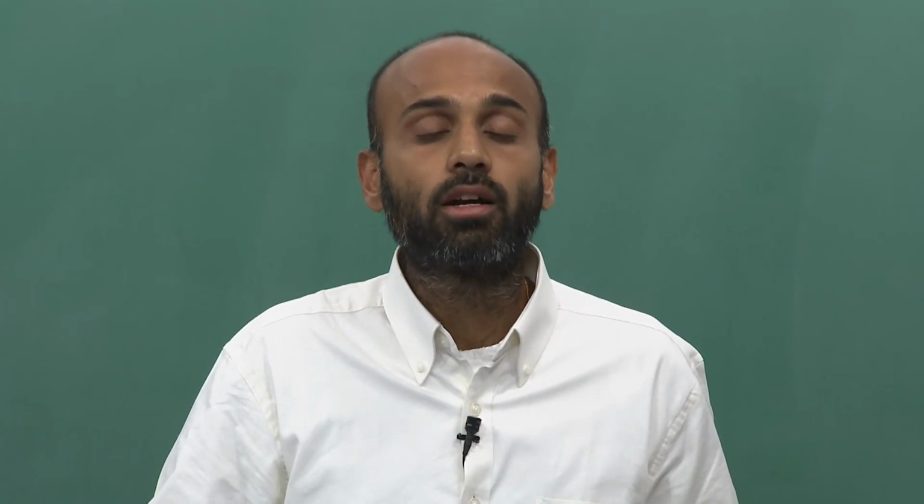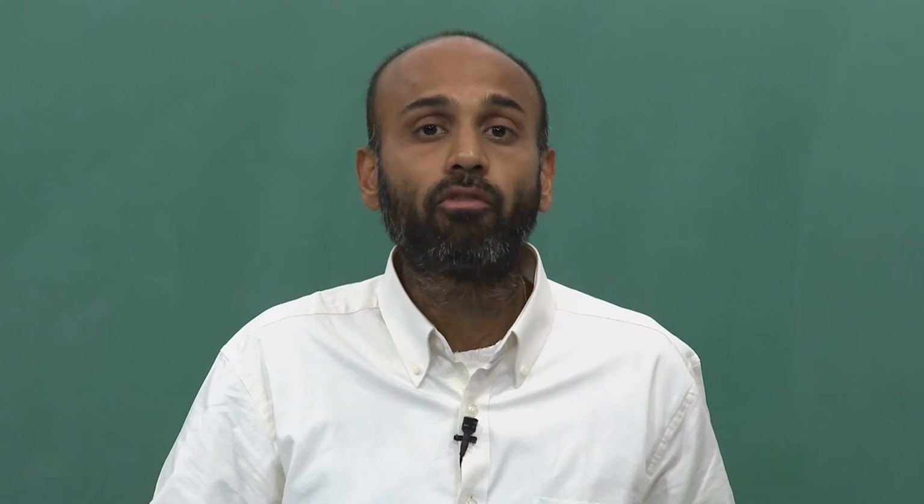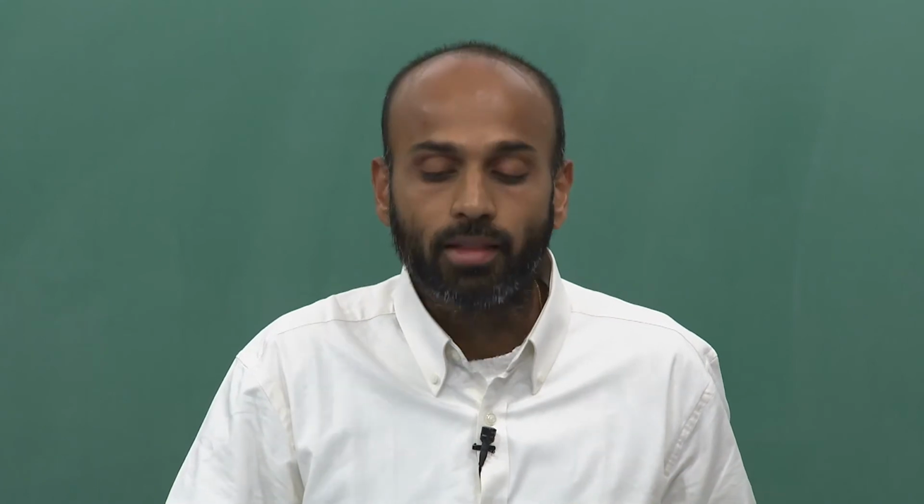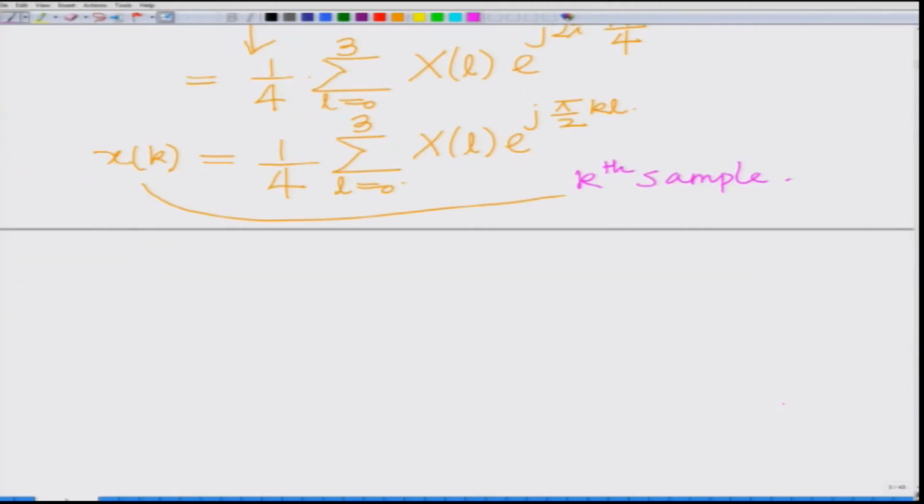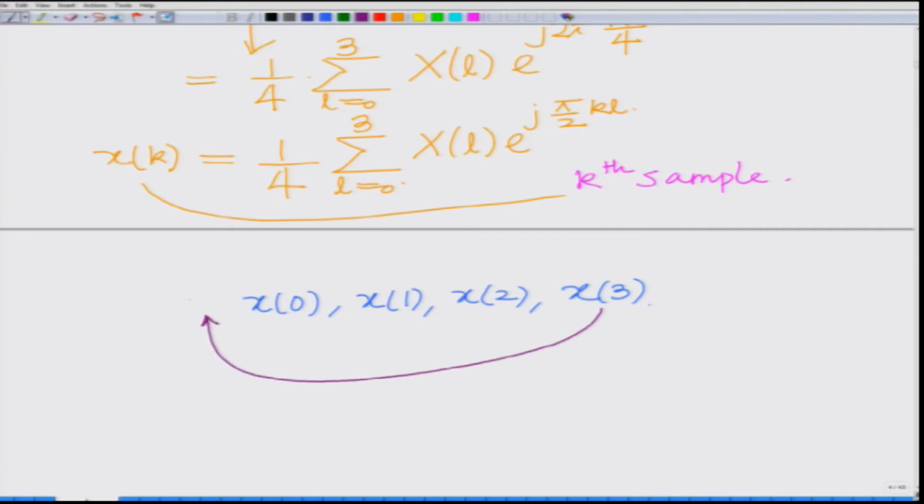These samples are transmitted over the channel subsequently, but before transmission there is another important operation to be performed. We have the samples x0, x1, x2, x3, and we are going to take the last sample x3 and place it before x0.